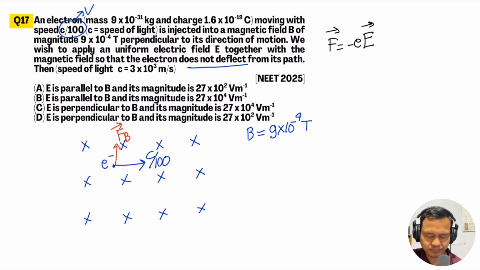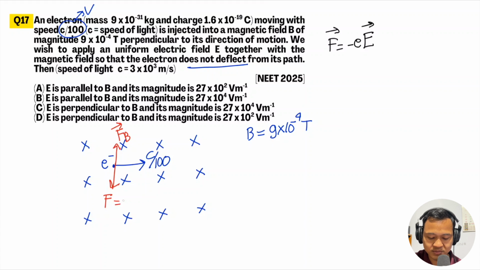Next, the electron deflects. We don't want to deflect the electron, so the electrostatic force must oppose it.